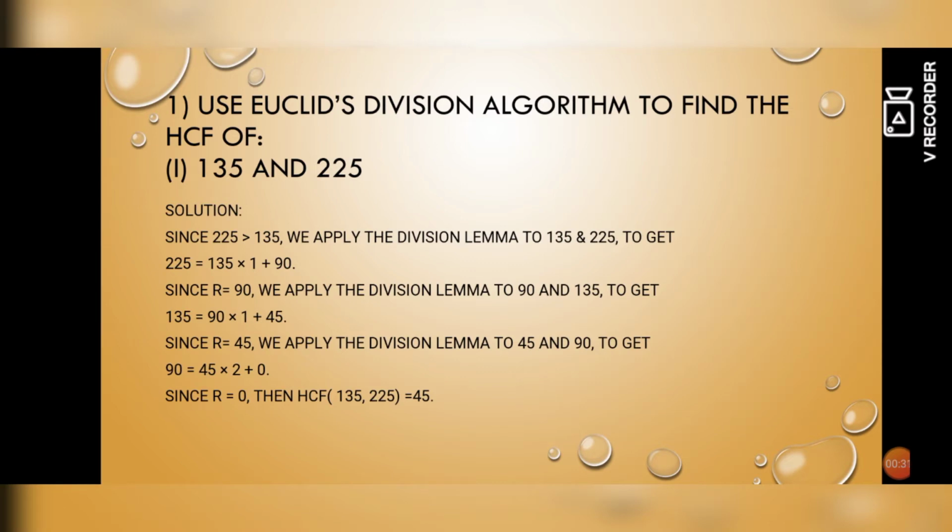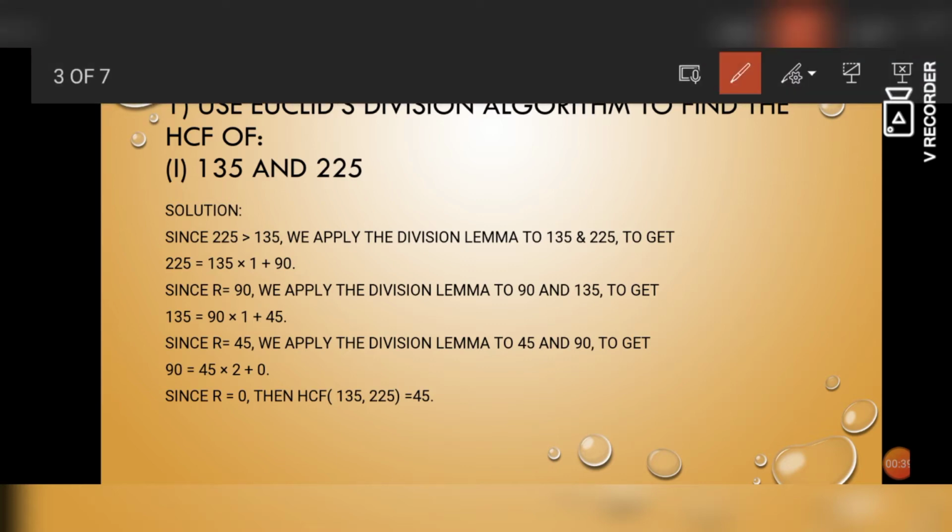The first question says: use Euclid's division algorithm to find the HCF of 135 and 225. So here we are going to use Euclid's division lemma. To solve this kind of sum, you can do a rough, where you do the division part, and then you can write it in a structured way, the way I have written.